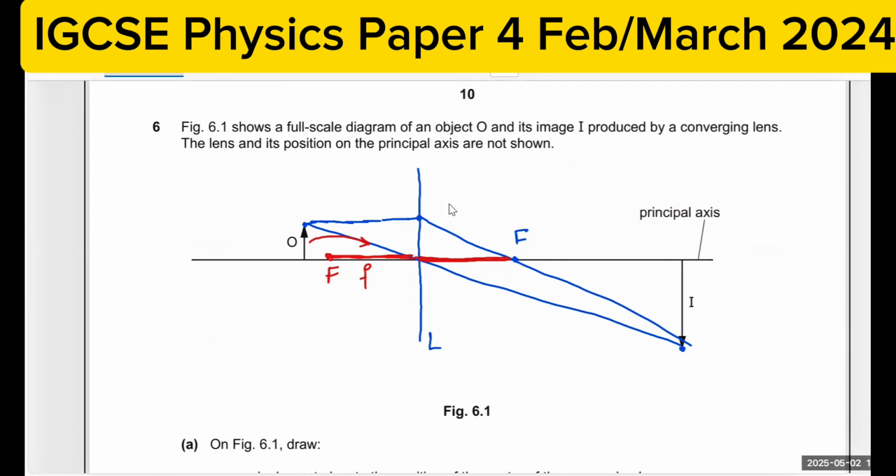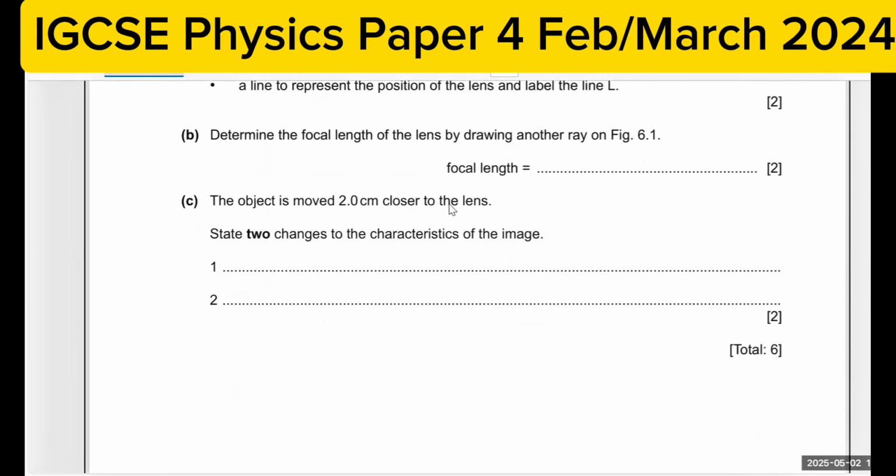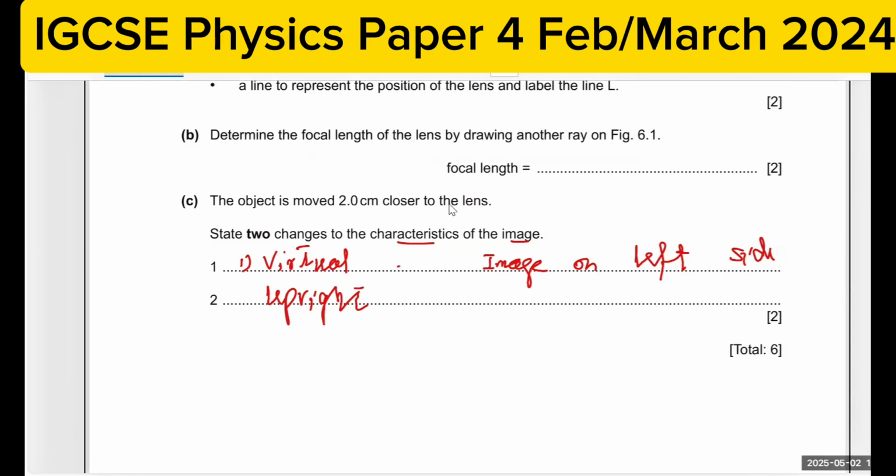The real image will become a virtual image, and the image will be on this side, an upright image and a greater image will be formed. So state two changes of the characteristics of the image: the image changes into virtual, and the image will be upright. Or you can say that the image will be on the left side of the lens. So you can write any 2 points.